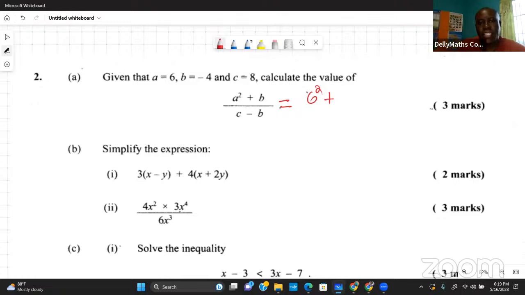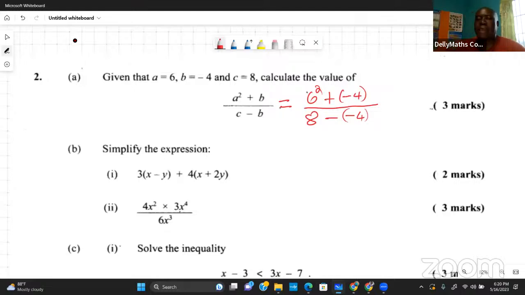You want to add b to it, and b is a negative number, so I'm going to put it in a bracket, and that is going to be divided by c. And c is 8, and we want to subtract b, but b again is a negative number. So you want to make sure you show respect to the idea. I put that negative number in a bracket. I don't want to mix it up with the operation.